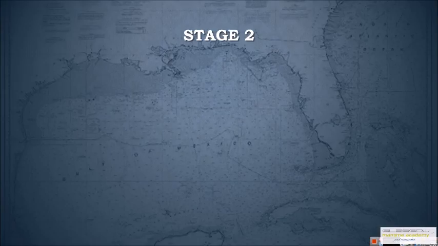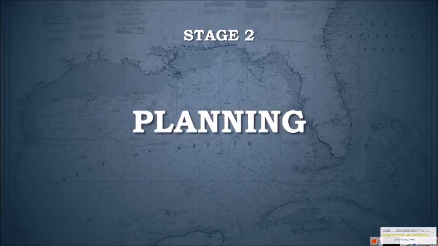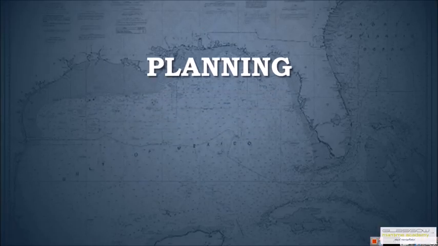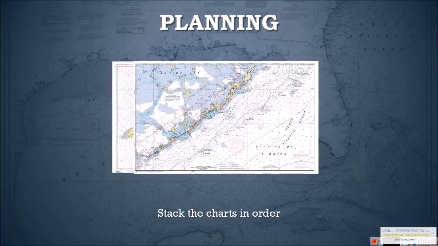The next stage of passage planning is planning. This is the stage where you actually work on the charts once you have gathered the information. You start off by stacking the charts in the order of use.